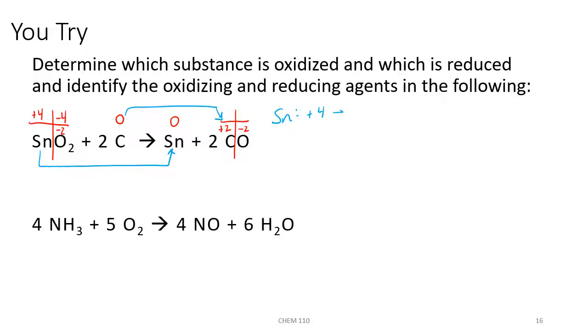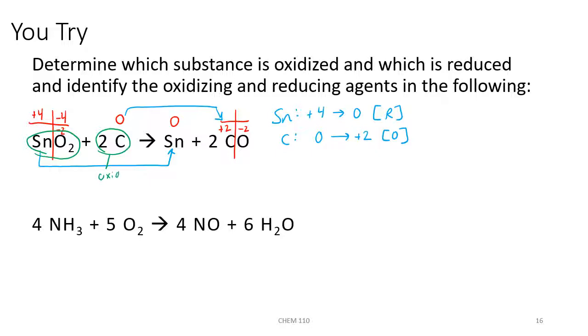Tin, if it went from a +4 down to a 0, it decreased its oxidation number, therefore it must have been reduced. Carbon, going from a 0 up to a +2 oxidation state, increased in oxidation number, therefore we say it was oxidized. The substance that was oxidized and the substance that was reduced will come from our reactant side.